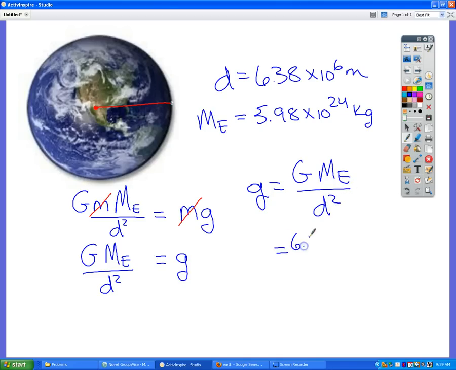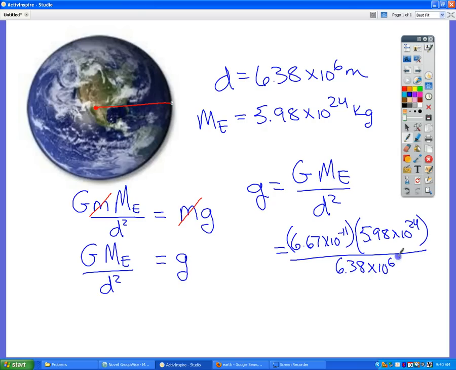This is equal to 6.67 times 10 to the negative 11th, multiplied by the mass of the Earth, which is 5.98 times 10 to the 24th kilograms, divided by the distance between you and the center of the Earth, which is about 6.38 times 10 to the 6th meters. Make sure that you square this. This is where most people make a mistake.